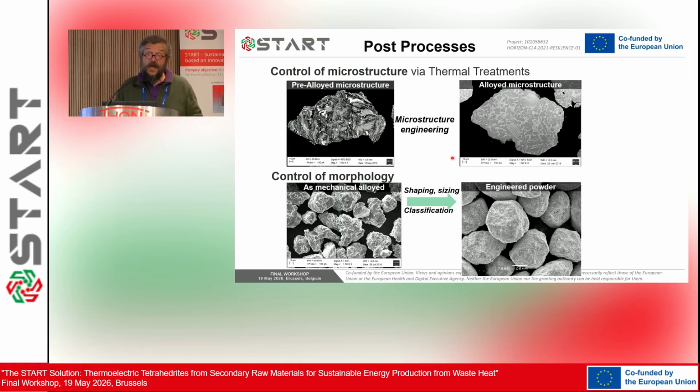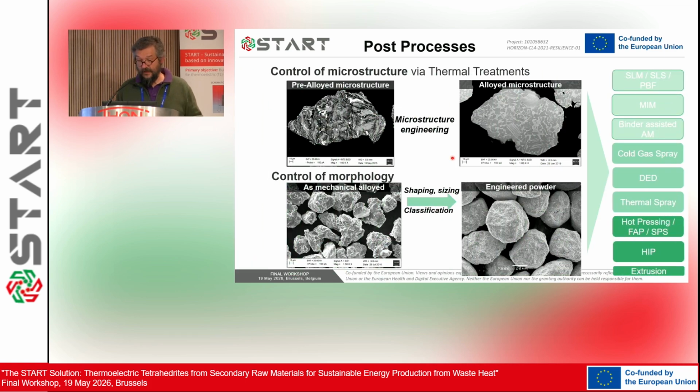And similarly, according to the downstream consolidation processes, we need to control the morphology of the powder in order to facilitate the consolidation into pieces. So it could be additive manufacturing, or could be thermal spraying, cold gas spraying, hot pressing, SPS.